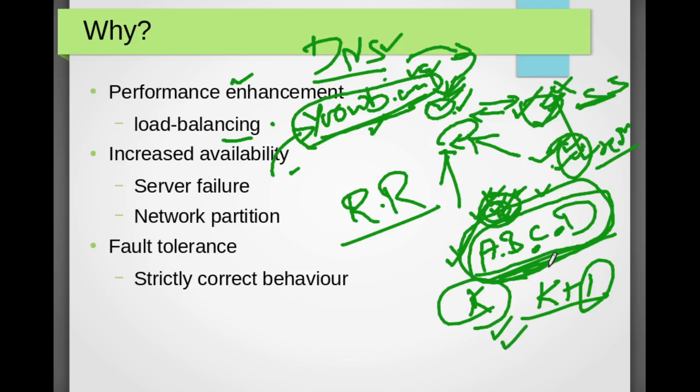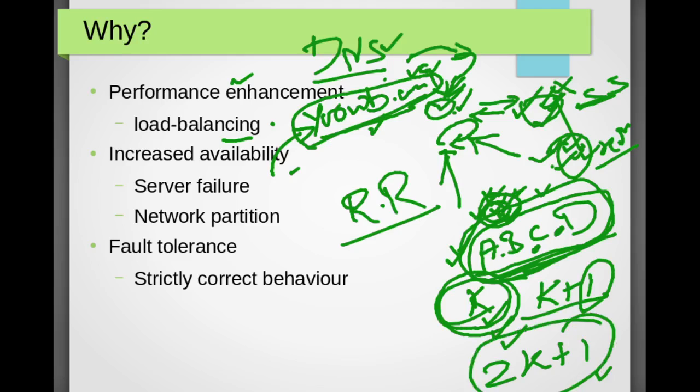So something is better than nothing. In literature you will also see that if in your distributed system there is a possibility that k servers may crash at one time, then you should have at least 2k plus 1 servers. But anyway, if you have replication, that will help you in availability.